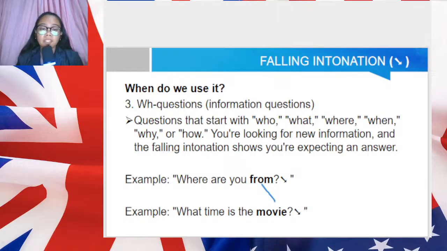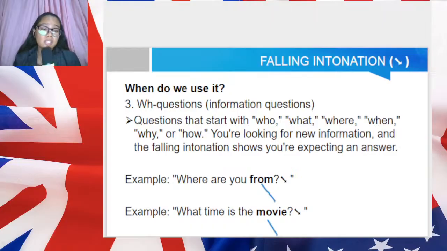Next example: "What time is the movie?" Similarly, the intonation falls on "movie." You're not asking if there is a movie, but when it is, a specific piece of data. So the falling pitch communicates that you have clearly articulated your request for information and are anticipating an answer like 7 p.m. or around noon.